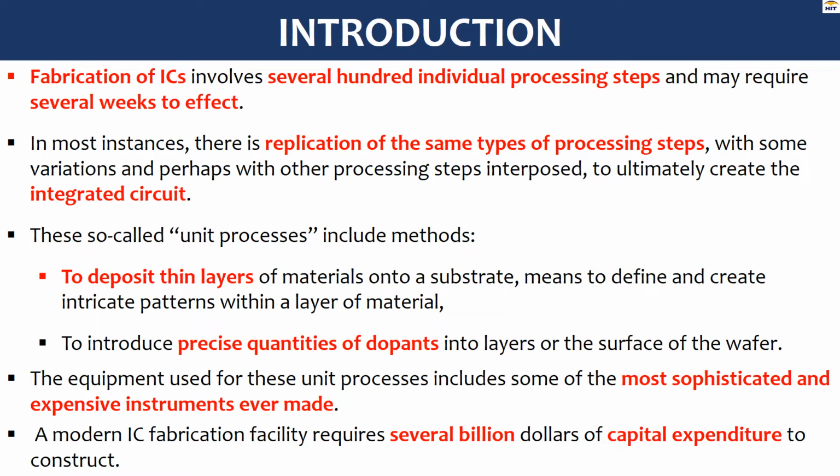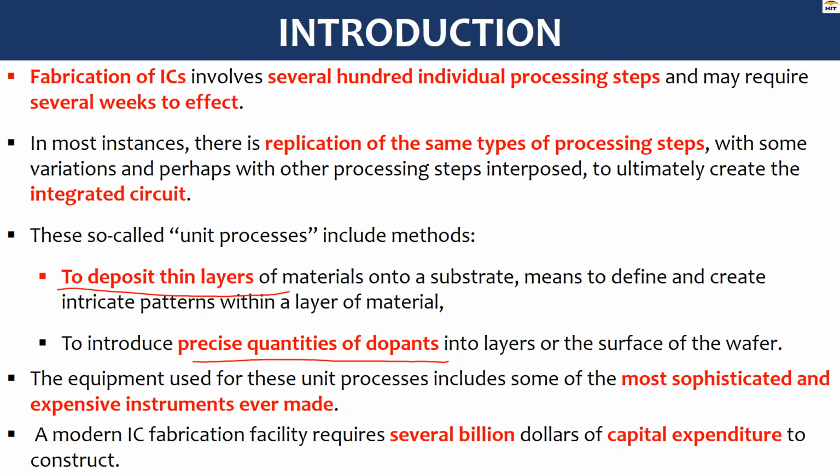These several hundred individual processing steps might be a replication of the same types of processing steps, but you will be varying some of the stages so that you create an integrated circuit that is able to fulfill the functions that you want. What are some of these processes that we'll see as we go into the lecture? We will see the deposition of thin layers. We will also see the addition of dopants. These are some of the things that we'll look at.